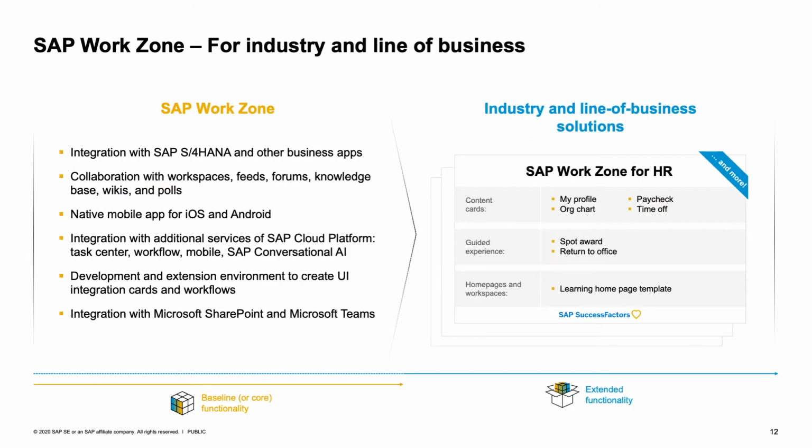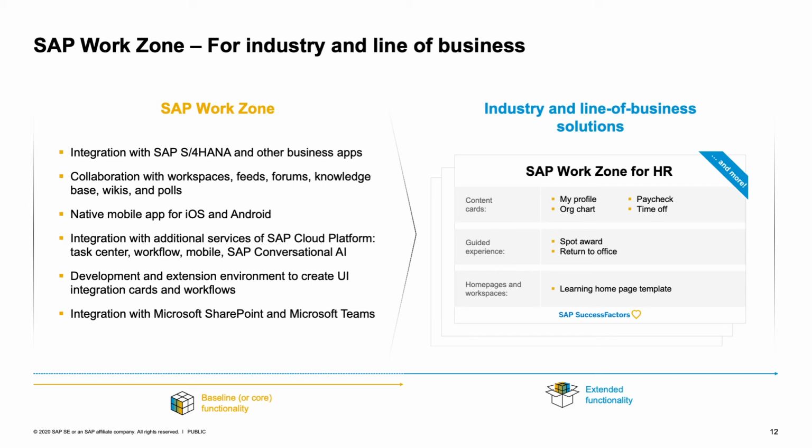So now we saw an overview about the solution at a glance, and we looked at the architecture. So how does it look if we think from an industry or business perspective, business area, line of business? On the one hand, Work Zone, as we saw, integrates with S/4HANA and other business applications. It provides rich collaboration with workspaces, with all the social software capabilities such as feed, forums, question and answers, idea management, knowledge base, wikis, profile.